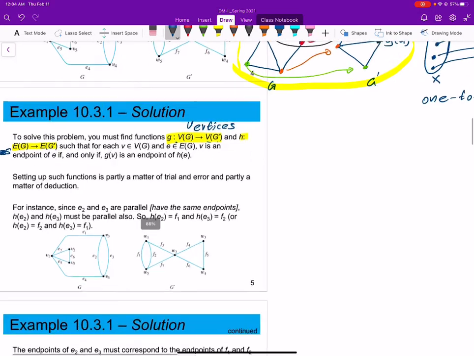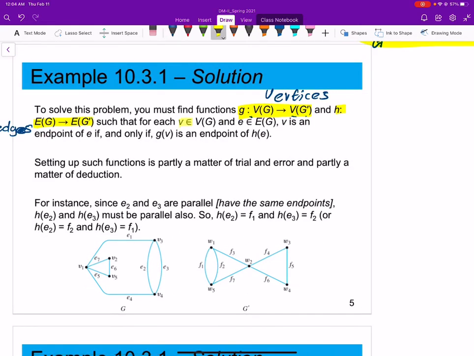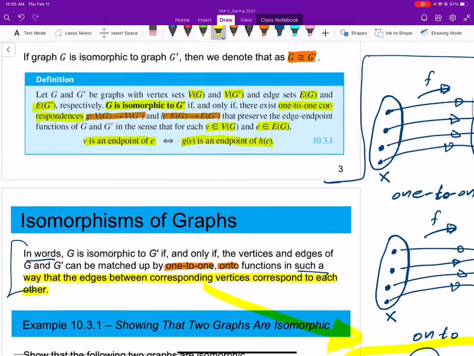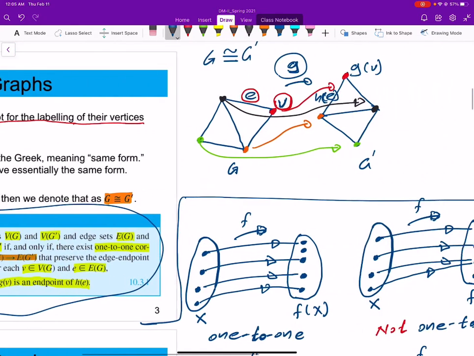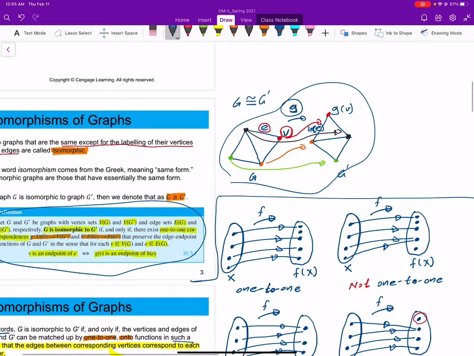Such that for each V in Vg and E in Eg, V is an endpoint of E if and only if gV is an endpoint of hE, which I have explained already. See right here, which I already explained. So this figure is associated with that explanation. Let me get that figure over there.